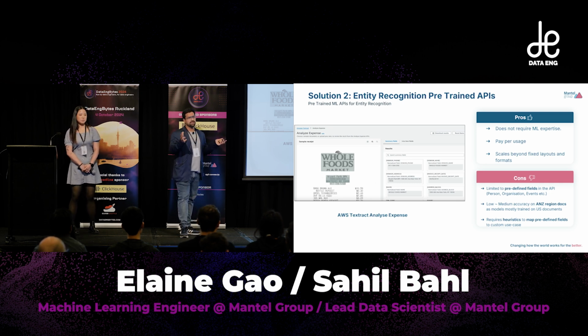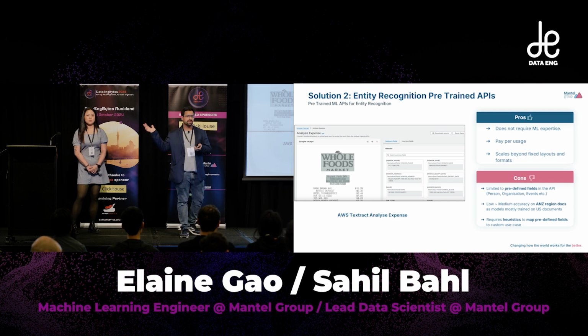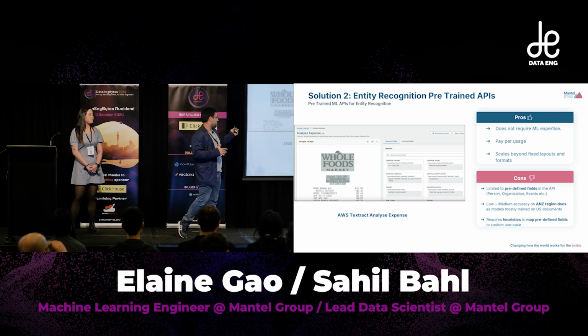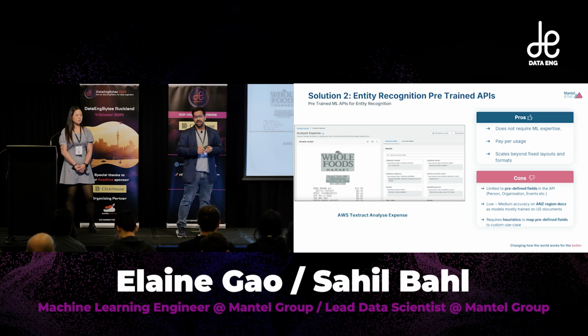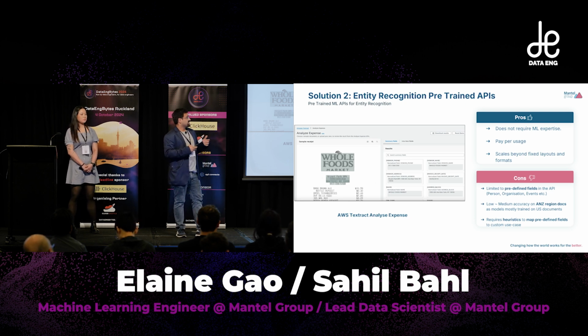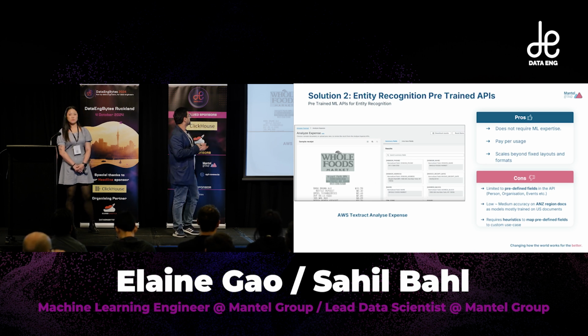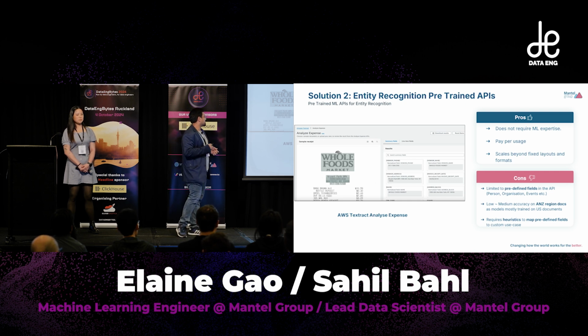Again, you'd find this equivalent API across the different cloud providers. I'm just taking AWS as an example because that's what we used on some of these projects. The benefit of this approach is, one, that you don't need ML expertise. It's a pre-trained API. So here you can see there's an example of a receipt, and it can pretty much extract things like vendor name, vendor address, receipt date.